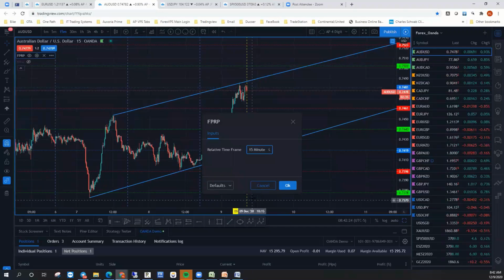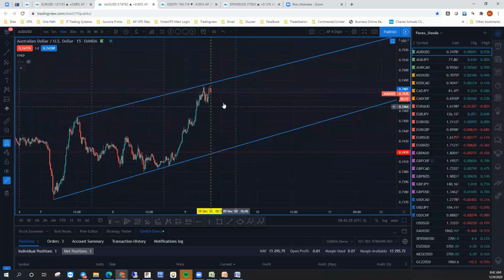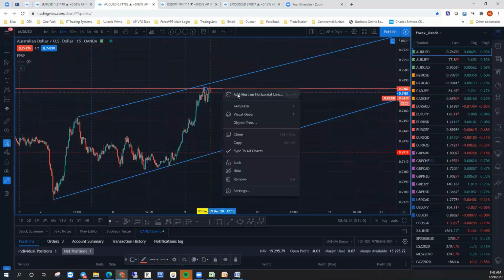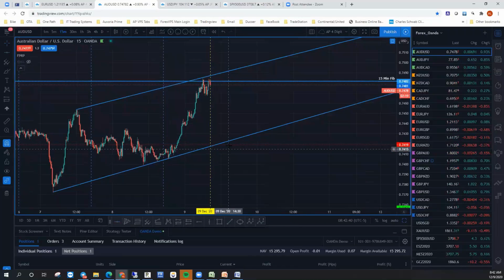Put my 15-minute line up. Here's the blue fib line right in here, so it's right at the blue fib line. Here's our blue 15. Here's our red 15 down here.